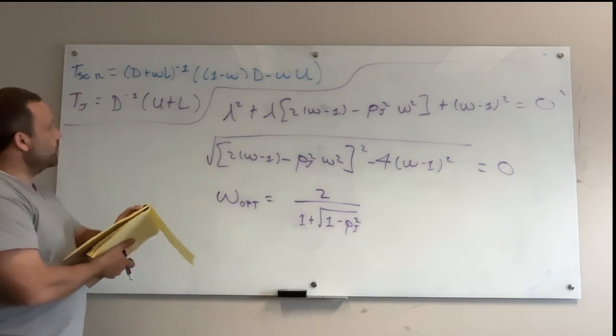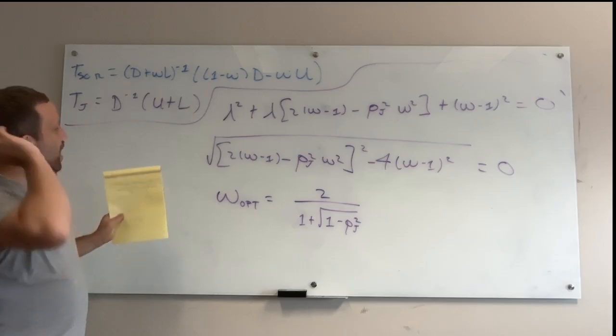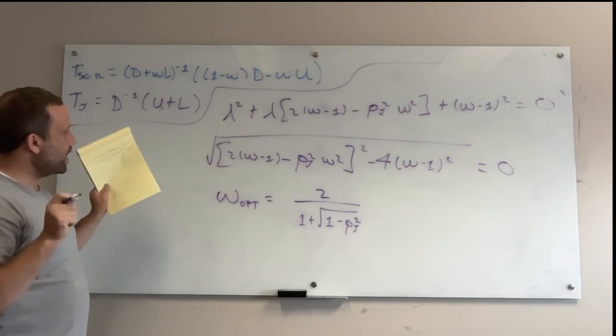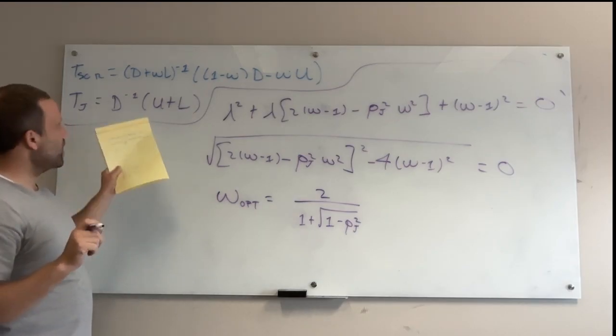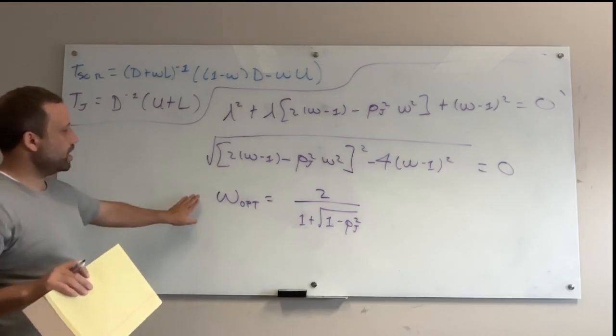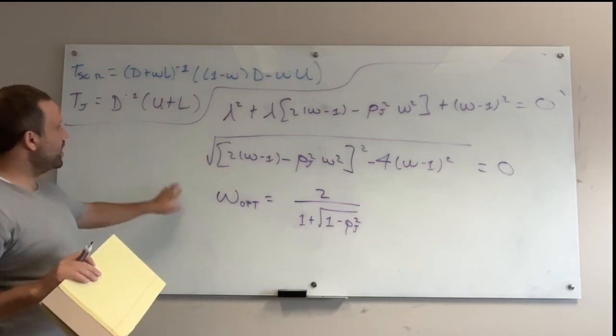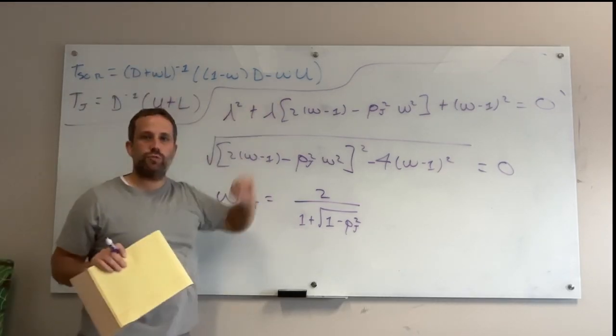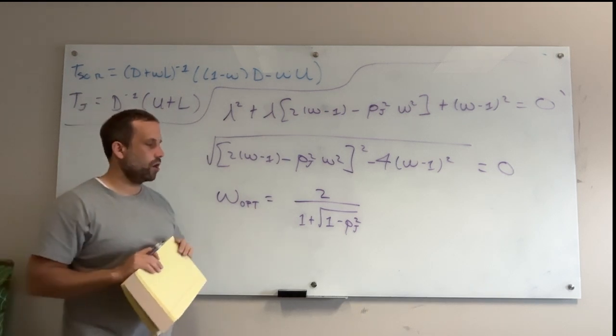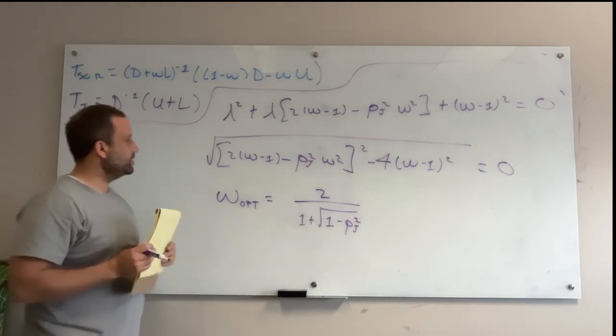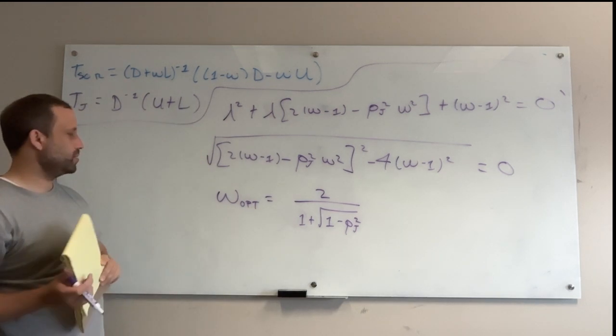It says that if I want to find an omega that's going to make the biggest eigenvalue of this matrix as small as possible, this is what I want omega to be, where rho j is the spectral radius of the Jacobian matrix.